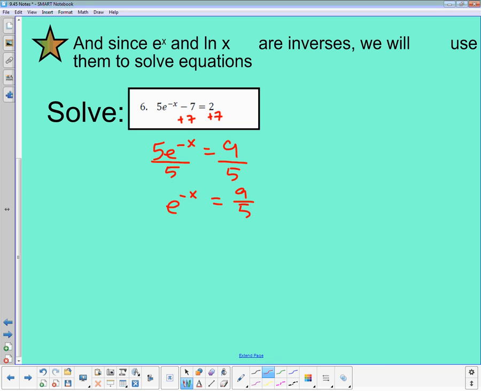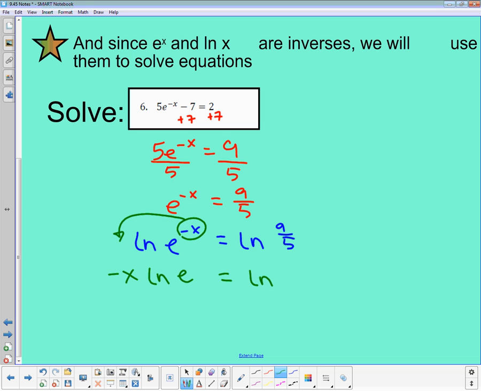And now I want that power to come outside. Since I know that the base is e, that means I'm going to be taking the natural log. So I'm going to take the natural log of both sides. And what that does is that takes my power and moves it out front. So I have negative x times the natural log of e is equal to the natural log of 9/5. Now here's the beauty.